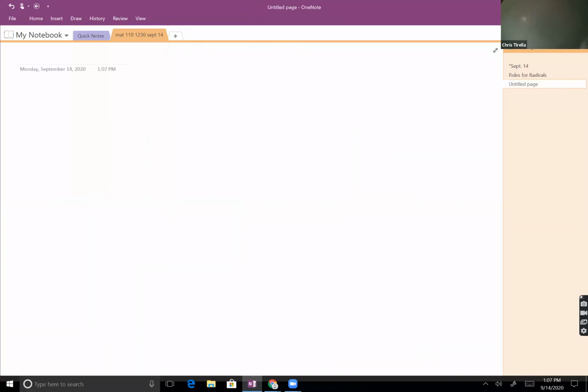When I look at simplifying radicals, I find it easier if I have a list of perfect squares on the side. And so for that list of perfect squares, if I take 1 and square it, 1 squared is 1. So 1 is a perfect square, 2 squared is 4.